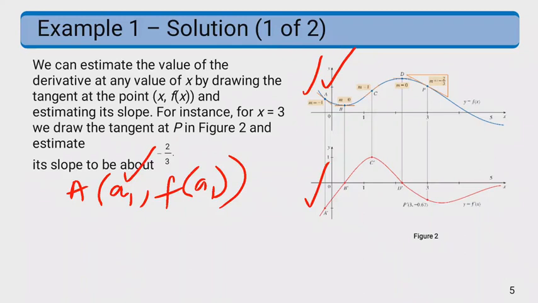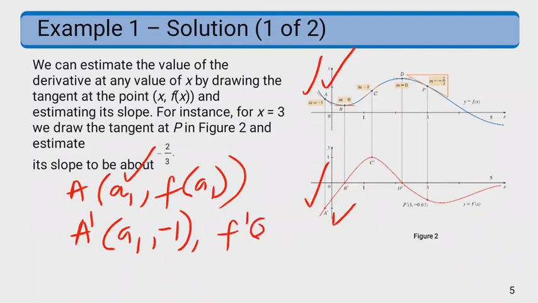So A prime, the point we are looking at here for the derivative, will be A1 comma -1. And this point is on the graph of f prime of x, while the top point is on f of x.